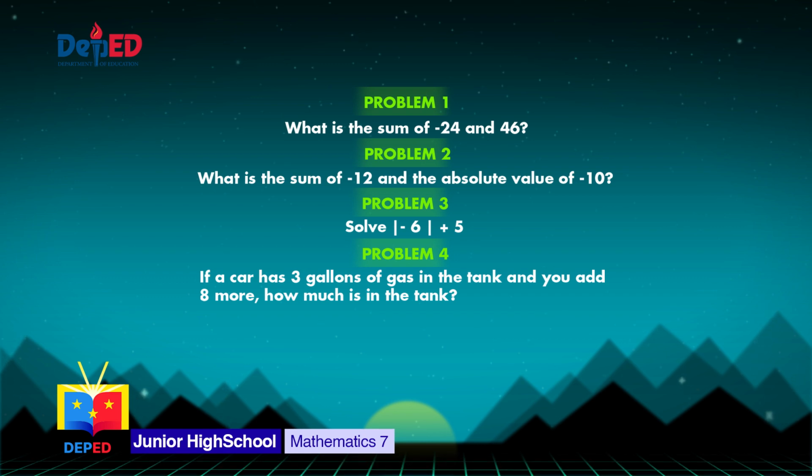What is the sum of -24 and 46? Problem 2. What is the sum of negative 12 and the absolute value of negative 10? Problem 3. Solve for the sum of the absolute value of negative 6 and 5.